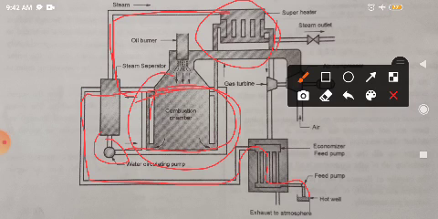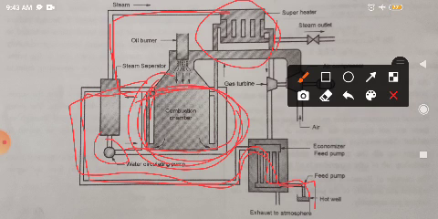Small points are there. You can see over here, that is the feed pump feeding the water to the boiler, which is boiling water, making it steam.